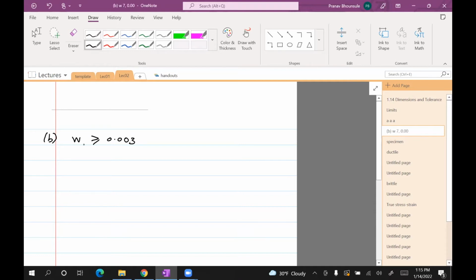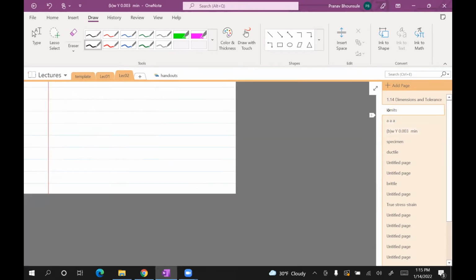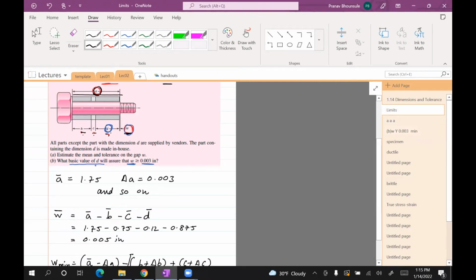And we're told that the minimum allowable value is 0.003. So W min has been specified. And so if you want to solve, in this case, you have to solve for D. When they say basic value, they mean what is D bar.